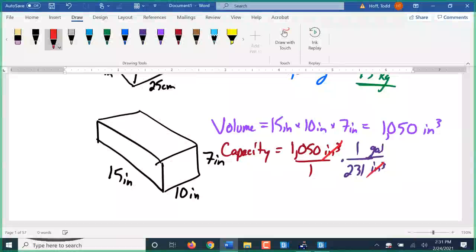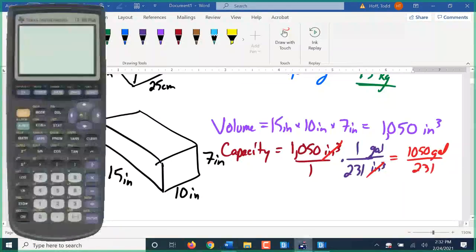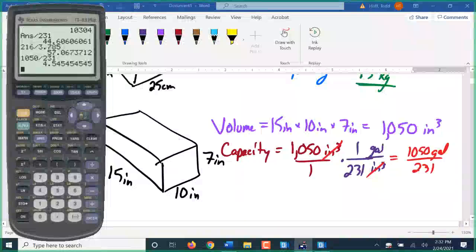Cubic inches cancel out. 1,050 gallons over 231. Giving us 4.55 gallons.